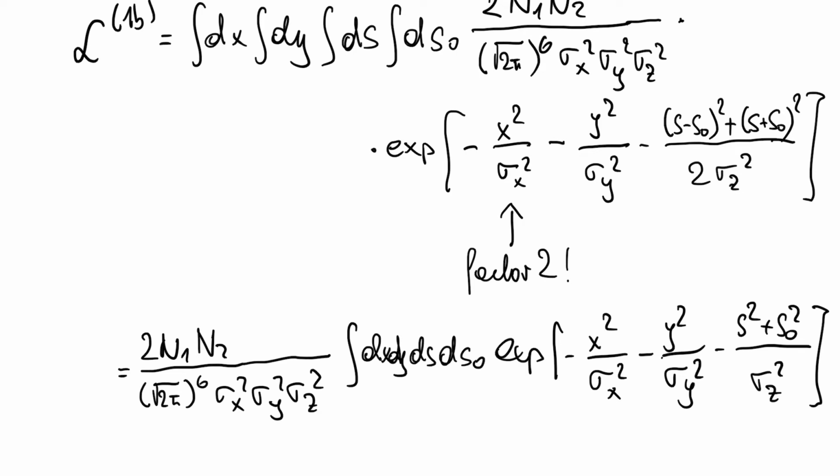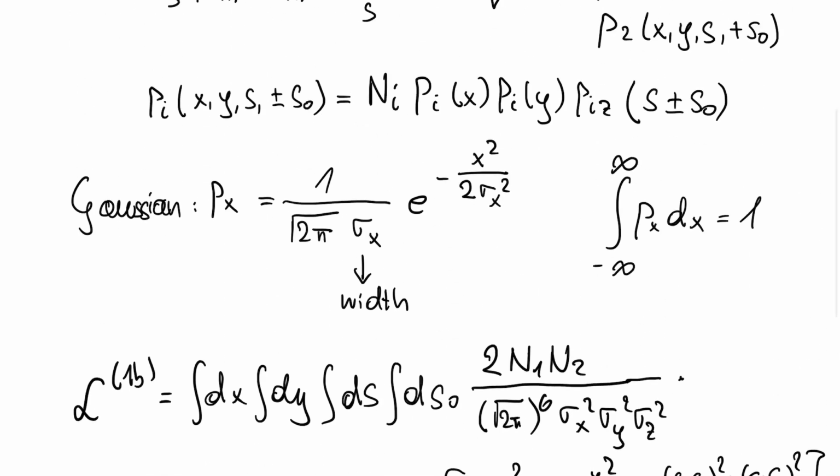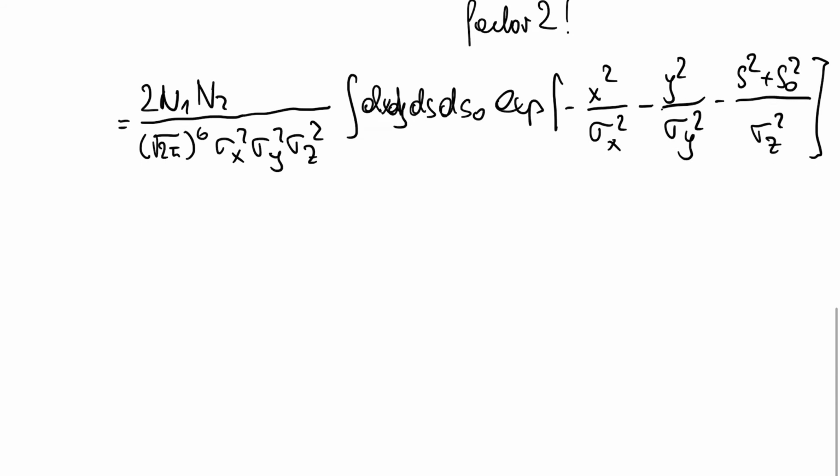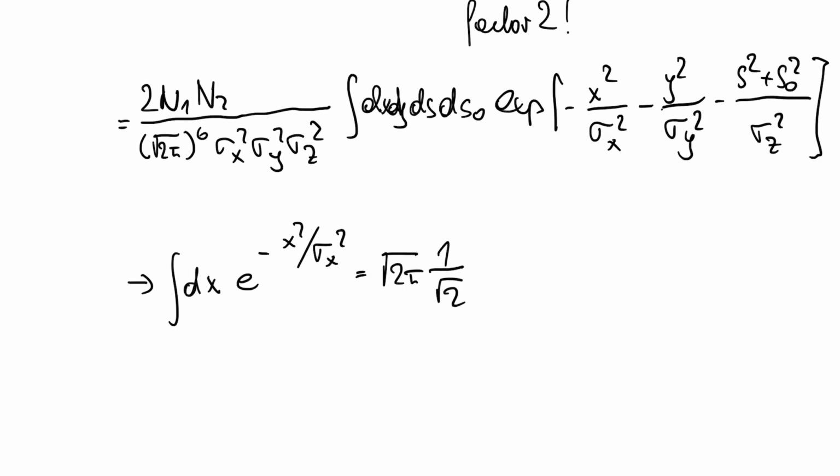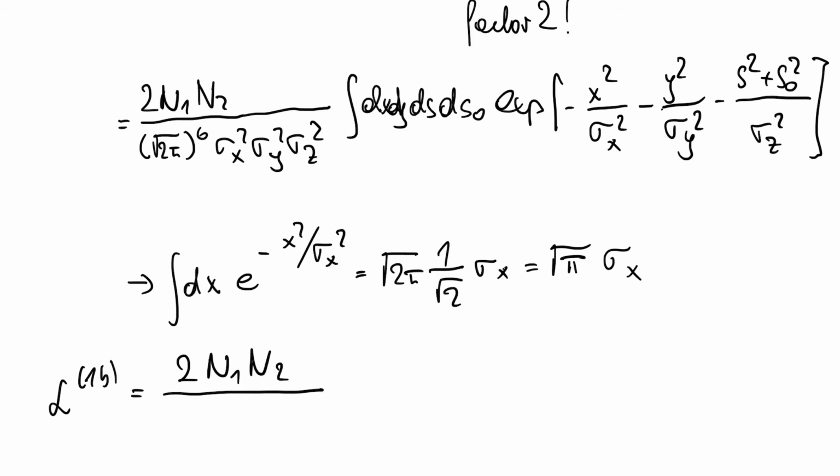And now we are ready to perform the integrations. We do this using the normalization integral of the Gaussian width. From this normalization integral, it follows, because there's a factor of 2 not appearing in the denominator in the exponent, so we just put this to the sigma x, and it becomes a 1 over square root of 2. So this integral that we need is just square root of pi, without the square root of 2, times sigma x. And now we are ready to carry out 4 integrations all in one go.